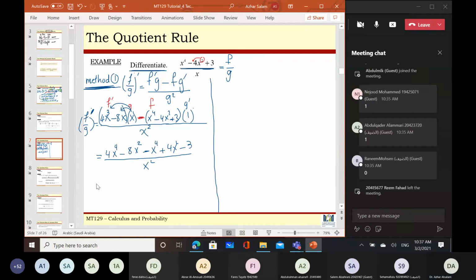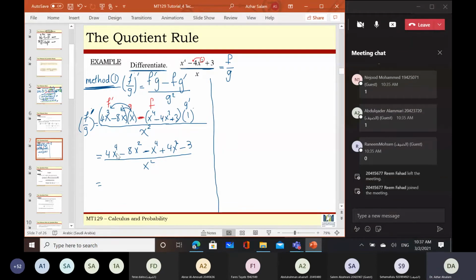Okay, I still have to collect like terms. I can here only add. I have repeated powers here. I have here x to the power 4 and x to the power 4. So I add the coefficients together. 4x to the power 4 minus x to the power 4, that means 4 minus 1 gives me 3x to the power 4. Okay. Then I have here x square and x square.